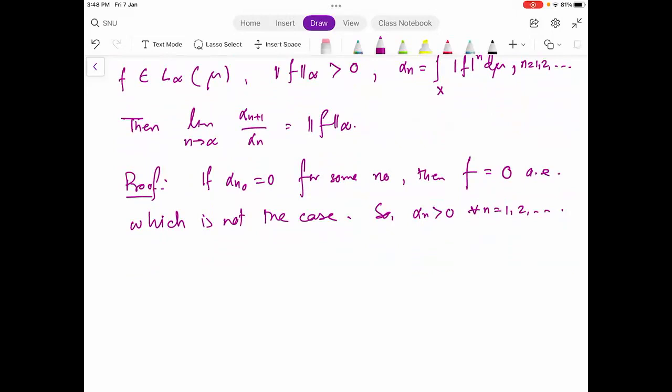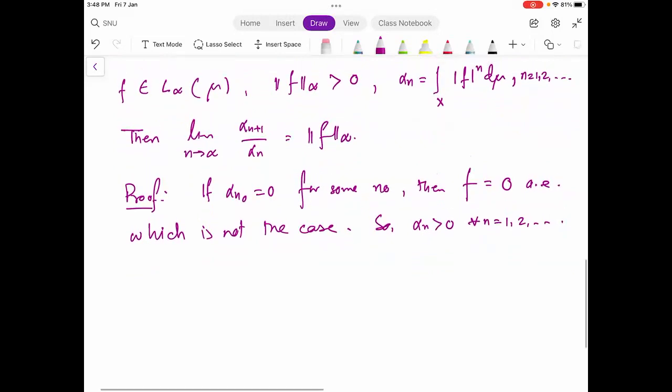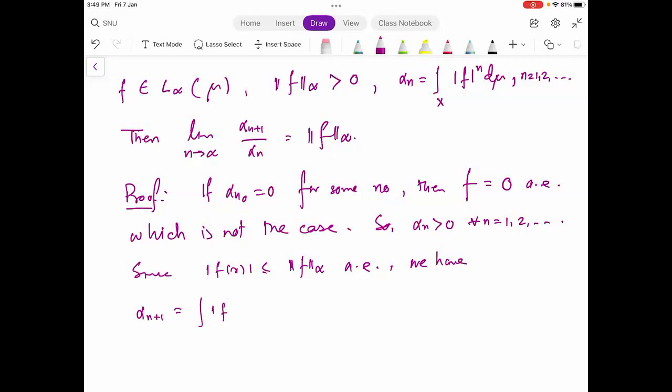Also, one thing is pretty clear. Since mod f(x) is less than or equal to the norm of f almost everywhere, that's the definition of the L infinity norm, as we saw last time, we have alpha n plus 1 equal to the integral of mod f to the power n plus 1 d mu.